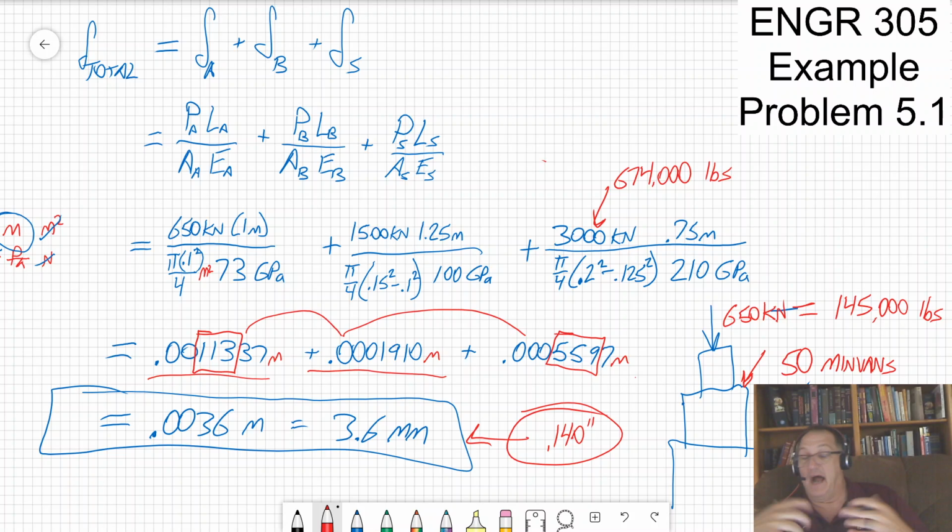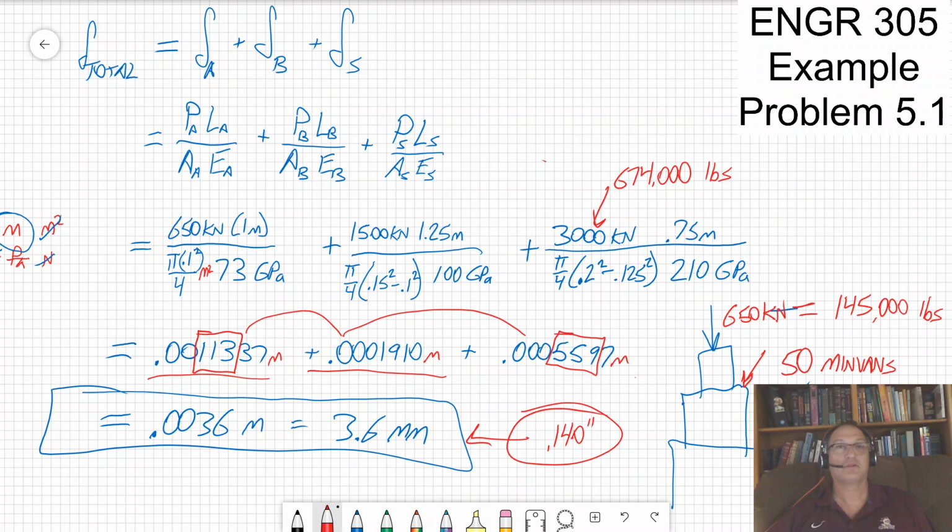Now, I've worked my whole career in inches and in pounds, so I have to go back to that to get kind of a baseline to compare. And honestly, I don't have a sense for what 674,000 pounds is, but I can start to compare that to minivans.